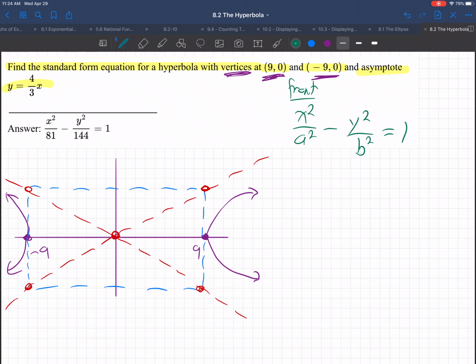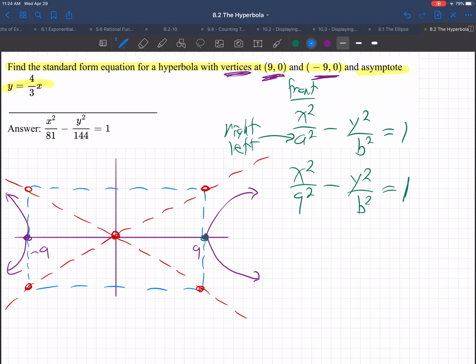So what goes underneath x? Well, that's got to be the 9, doesn't it? 9 squared. Because whatever's underneath x is right, left, because x is right, left. Equals 1.